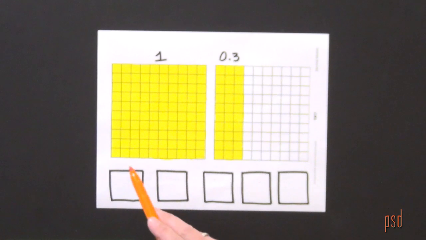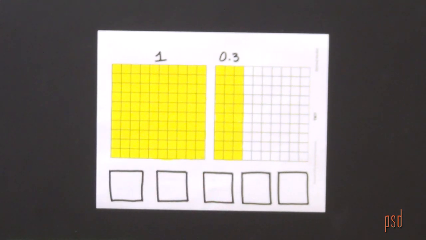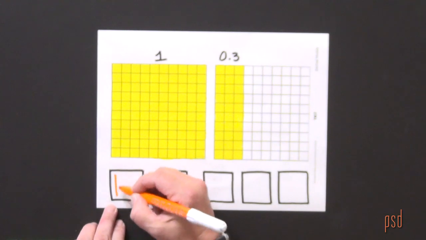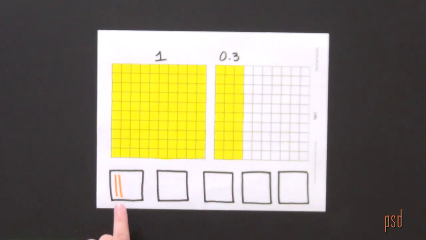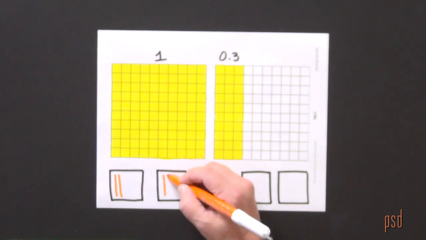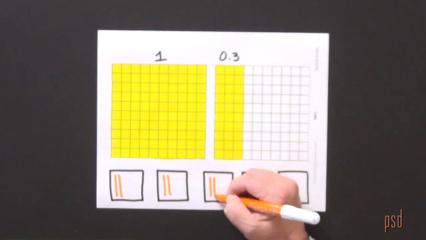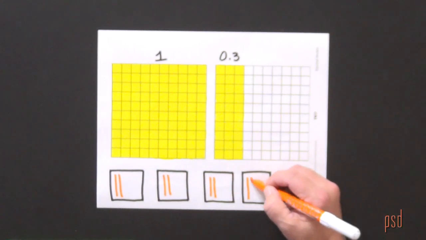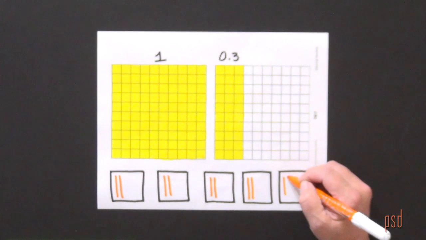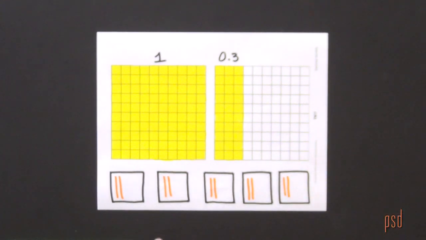Students will be able to divide their 10 tenths into 5 equal groups. This is 2 tenths, 2 tenths, 2 tenths, 2 tenths, and 2 tenths.